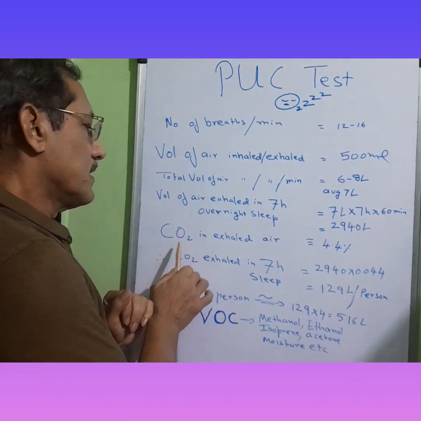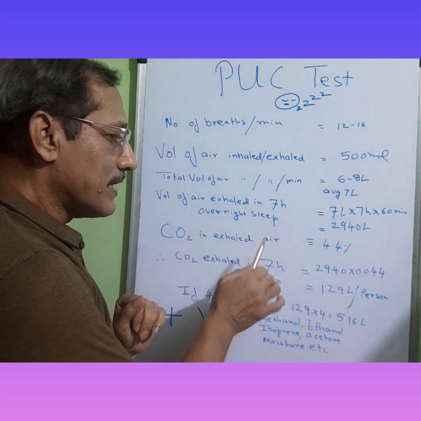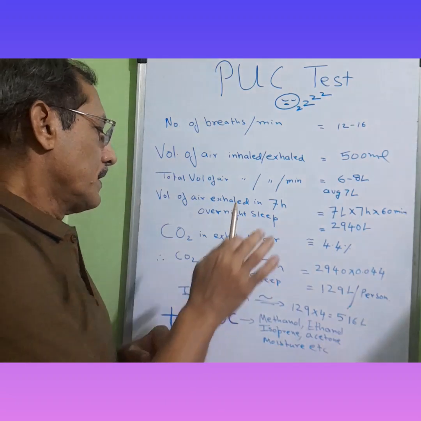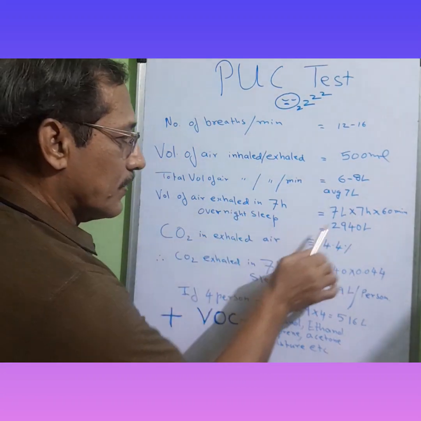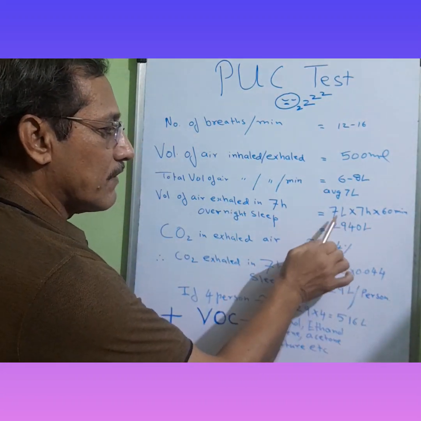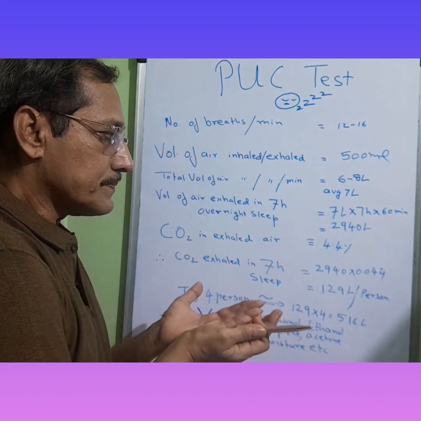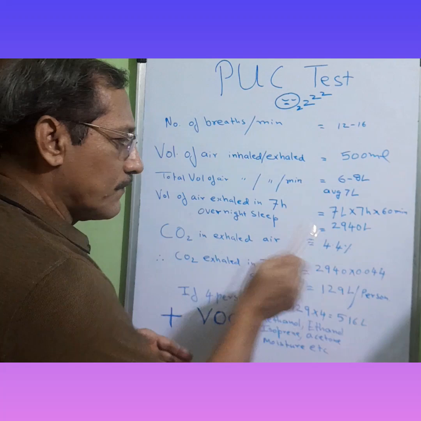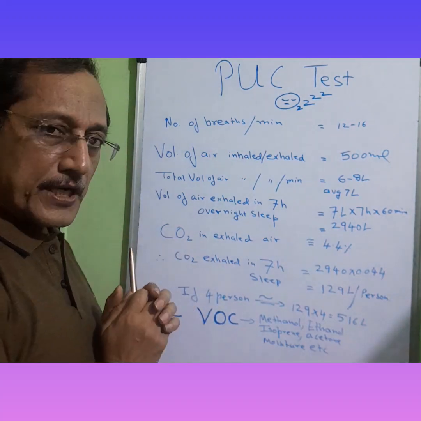Carbon dioxide in exhaled air is approximately 4.4%. So the quantity of air that we exhale has 4.4% carbon dioxide.